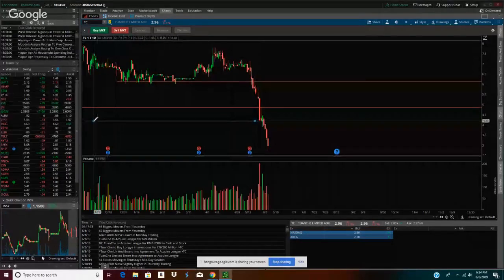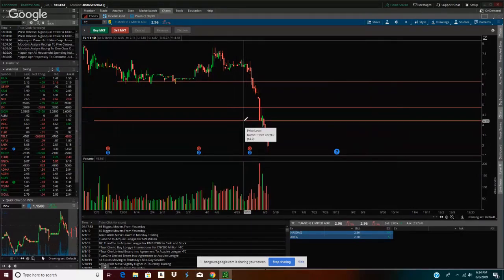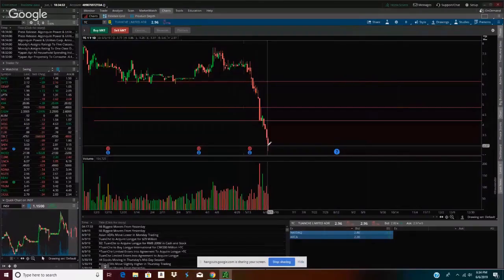Now, there we go. That is our first level of resistance here. Then we have a second level here. Then we have the third level of resistance here. So on this trade, how we set this trade up: the previous day's close is 270.